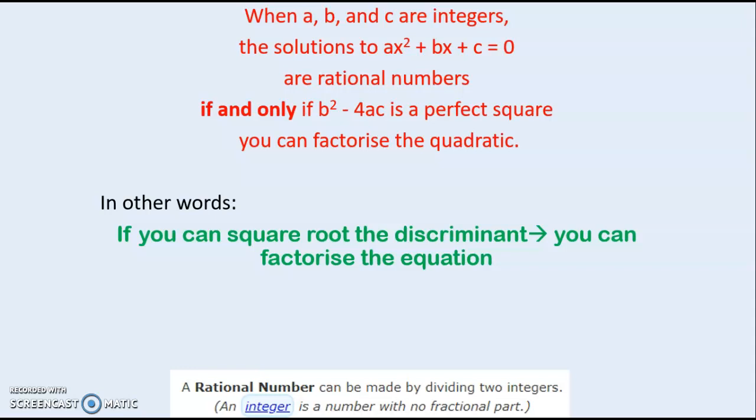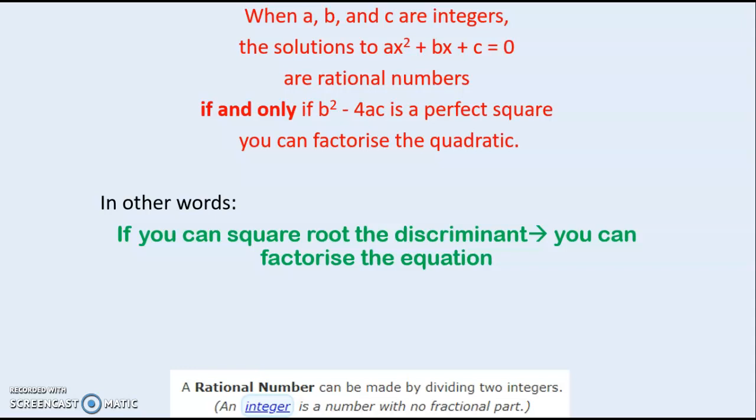So you can factorize the quadratic. In straightforward words, if you can square root the discriminant, you can factorize the equation. That's what this says, okay? So if it's a perfect square and I can square root that value underneath the square root, then I can factorize.